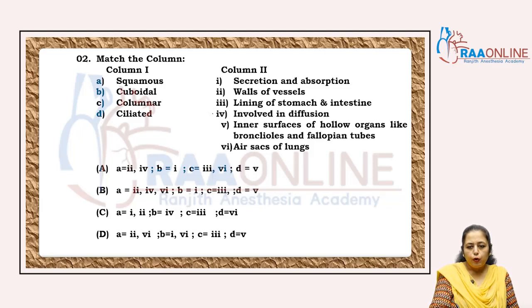Inner surface of hollow organ is the function of the ciliated, that is D. The air sacs of the lungs, that is alveoli of lung, are also lined with the simple squamous epithelium, because here rapid filtration and diffusion takes place.